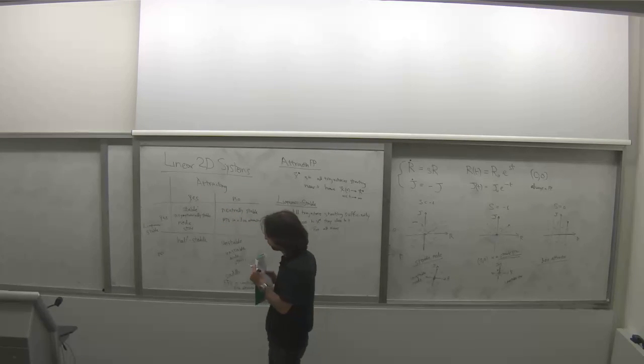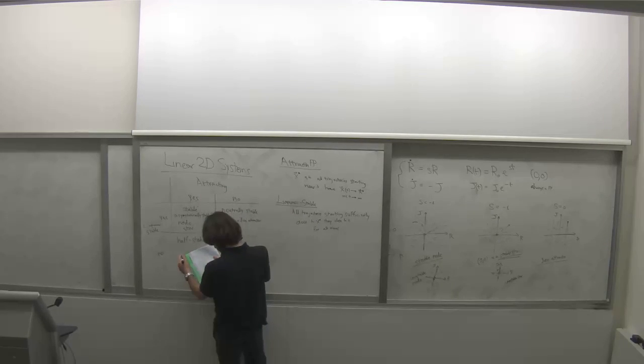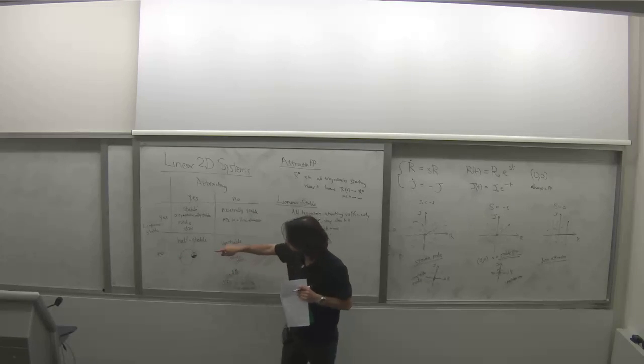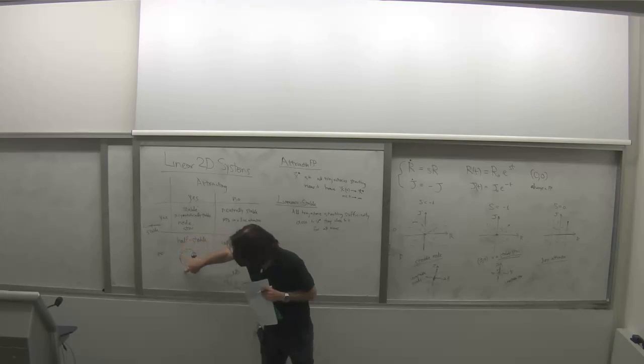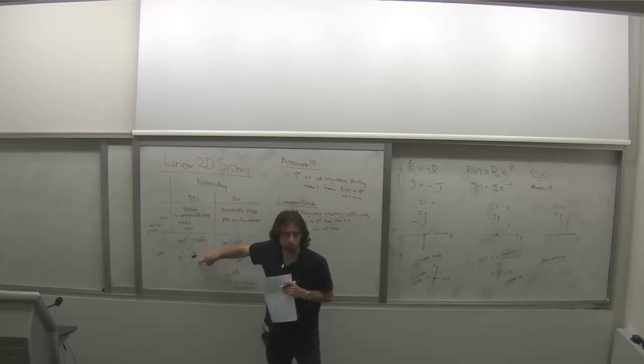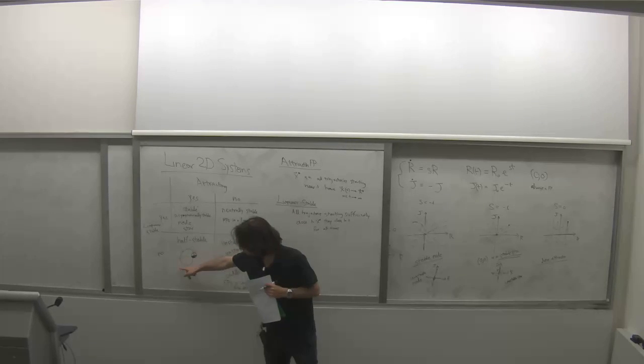But when you close your phase space to a circle, then you might have this situation where if you start here, you need to complete a circle, and you're attracted to the fixed point. Anywhere along the circle, you're attracted to the fixed point.